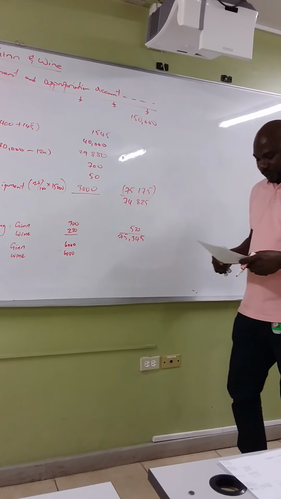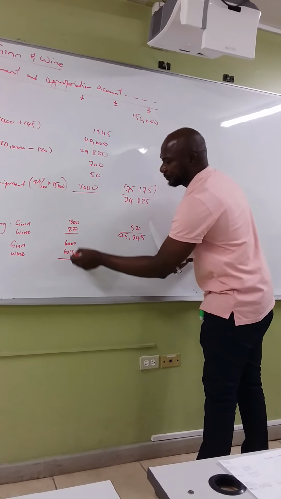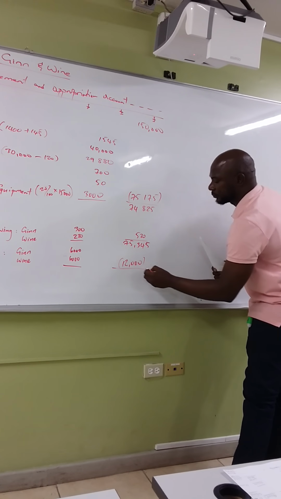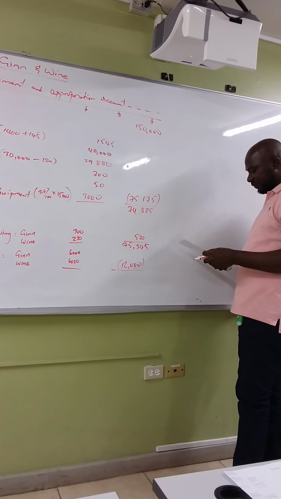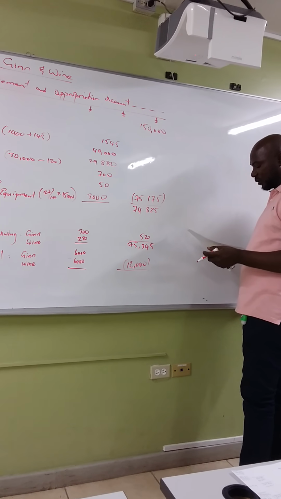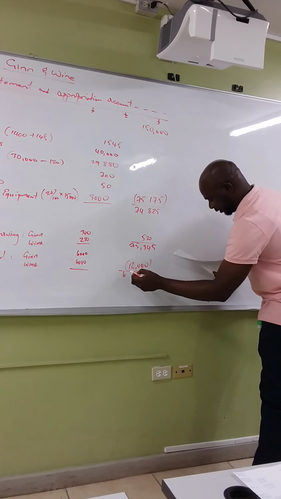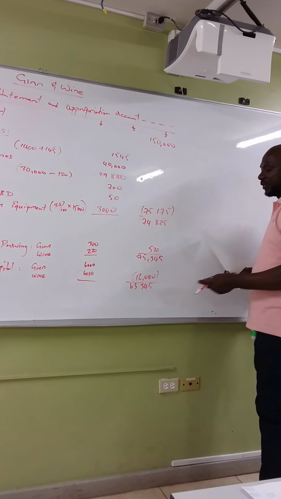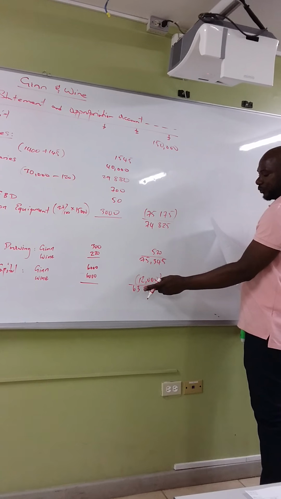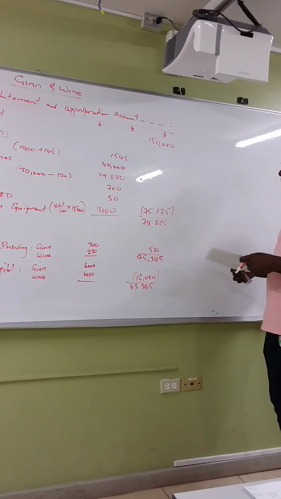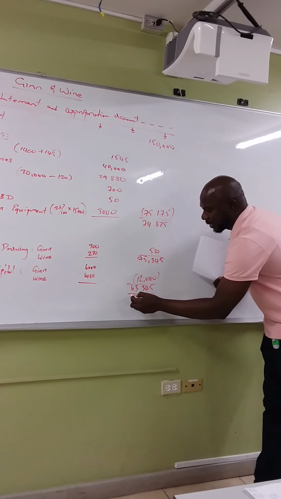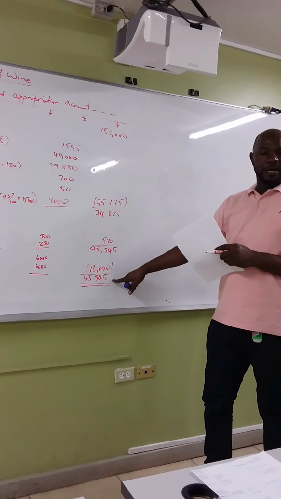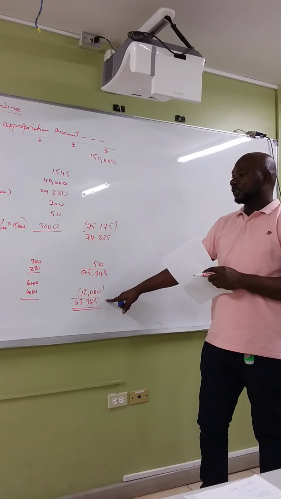Now the total for interest on capital is how much? 6 plus 6 gives us 12,000. 12,000 minus the 75,345 gives us a total of 63,345, right? And this we know to be our profit after appropriation.